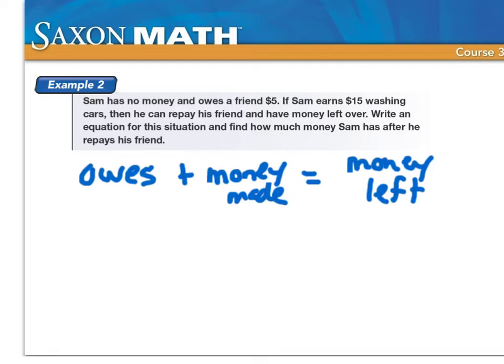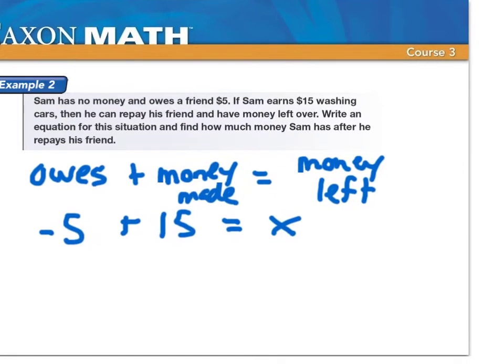And that's going to equal how much he has left over. Okay? Well, we know that he owes his friend $5. That means he's got -$5 to start with. He's in the hole. Plus, he's going to make $15. And that's going to equal how much money he has left. We don't know that. That's what we want to try to find. Okay?